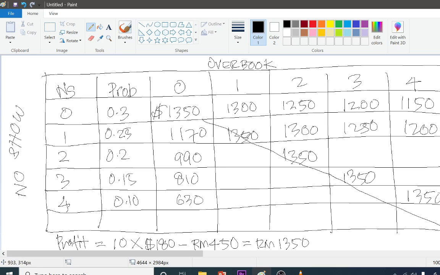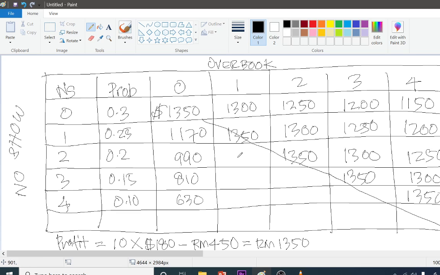Same after 1350 is 1300, and then this goes to here 1250. Again, this one follows, going to 1300 here. Alternately in sequence, the numbers are the same.